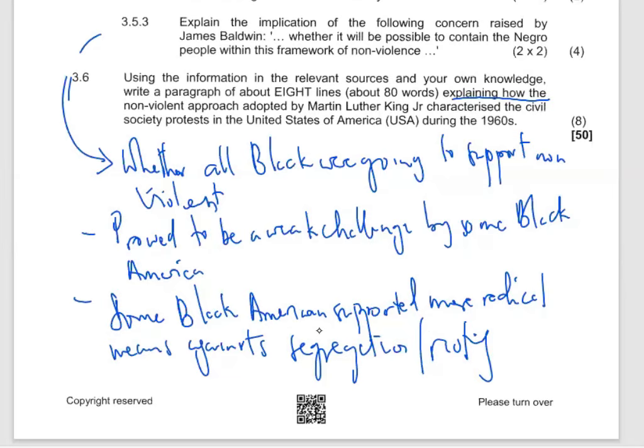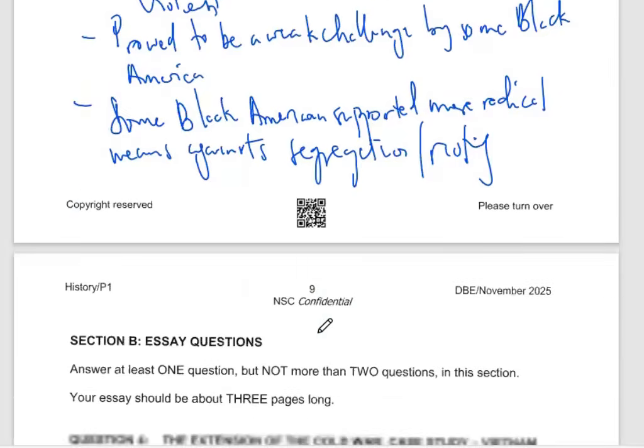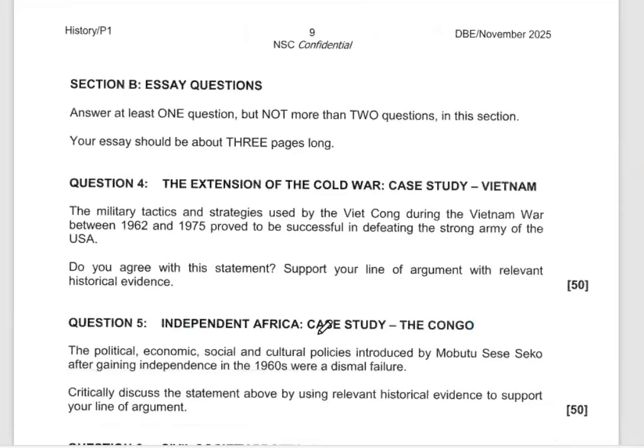Black Americans, through the civil society protests, adopted a nonviolent approach through the use of sit-ins and through the use of the freedom rides, which were initiated by the ideas of Martin Luther King Jr. That takes us to the end of our section A.